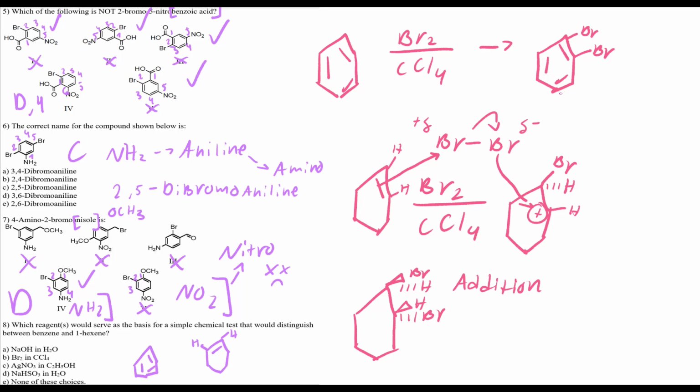Is that possible? No, sadly it's not. So we could use Br2 as a reagent, and B would be the correct answer choice. This would actually be a substitution. My hydrogens just became bromines, and that's not possible. So substitutions.